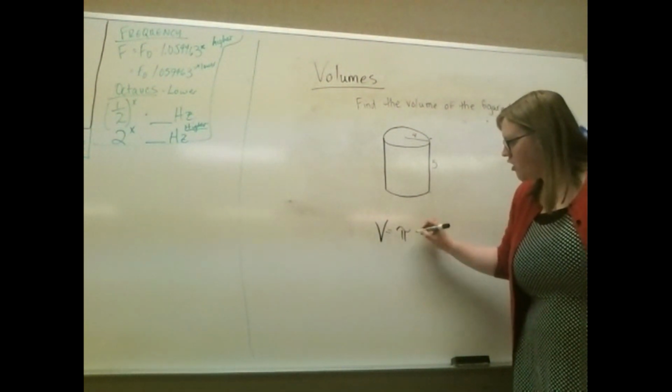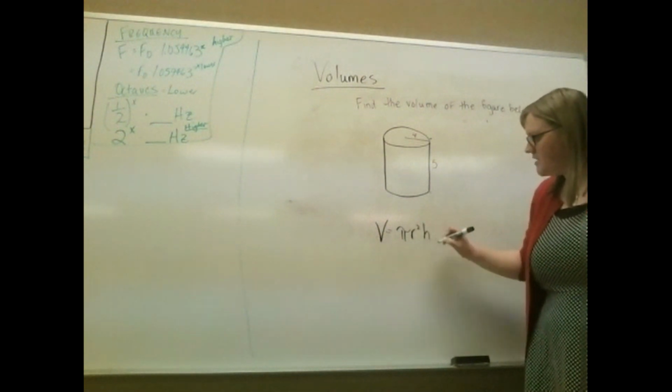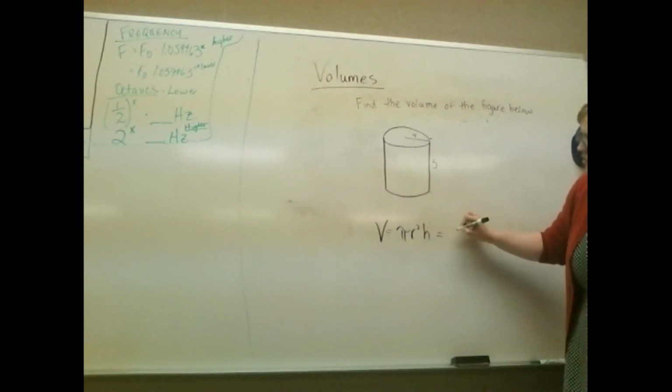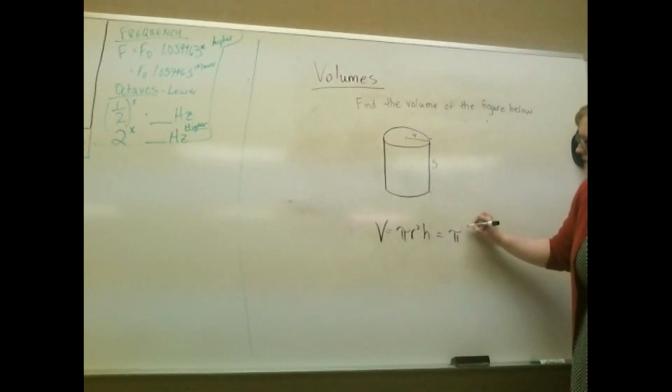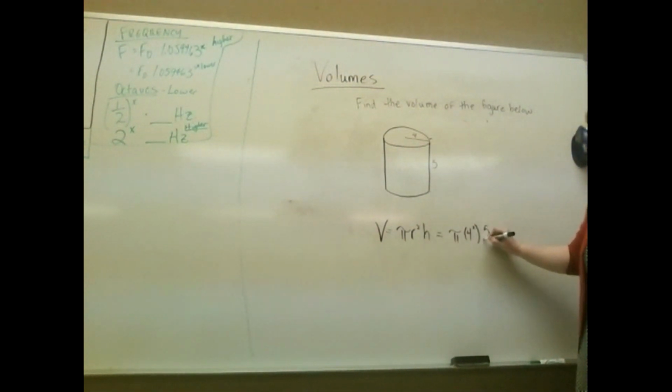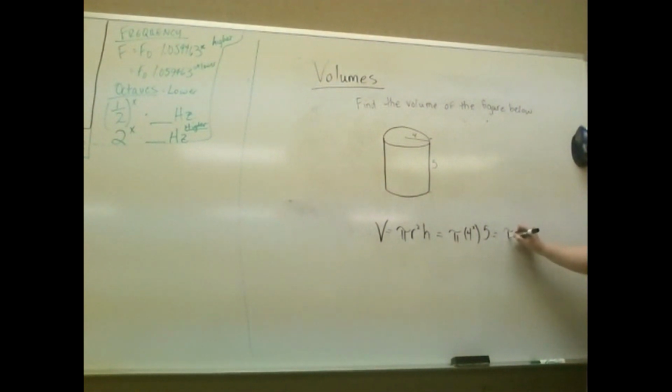So we said that our volume was pi r squared h, which means for this cylinder, our volume is pi times r, which is 4, so 4 squared, times h, which is 5, which gives us pi times 16 times 5, which gives us 80 pi.